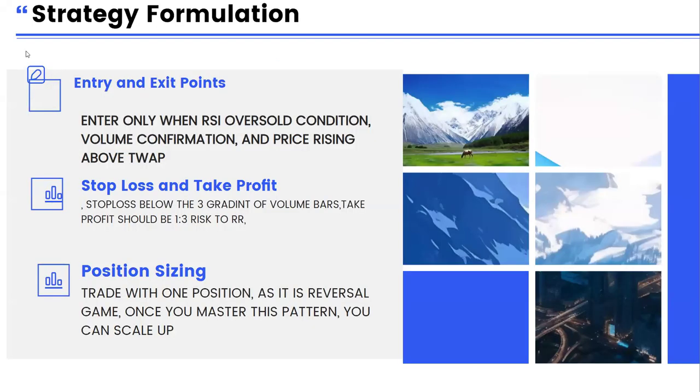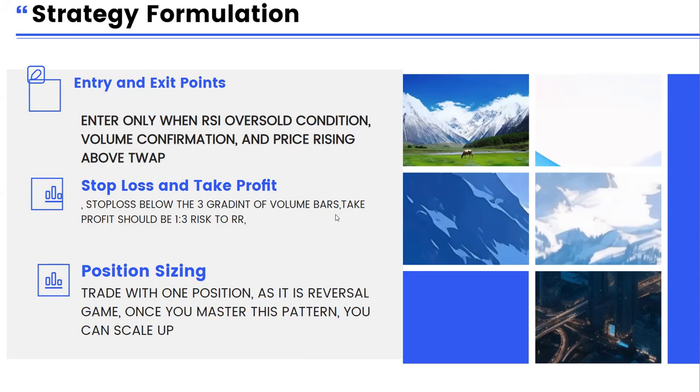So, entry and exit points: enter only when RSI is in oversold condition and you need to get volume confirmation and price rising above TWAP. Stop loss, what you need to put is a stop loss below the 3 gradient volume bars.